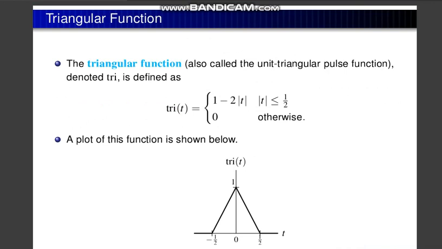Now we are coming to the triangular function, the unit triangular function. The triangular function is denoted by tri(t), and the function value is like that. It is a slope type of function, with a positive slope and a negative slope. The slope is 1 minus 2|t|.